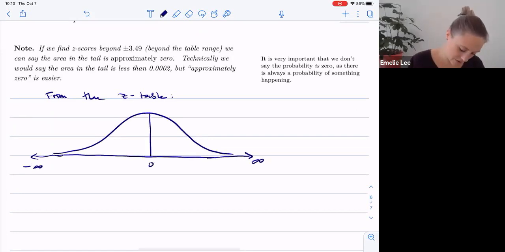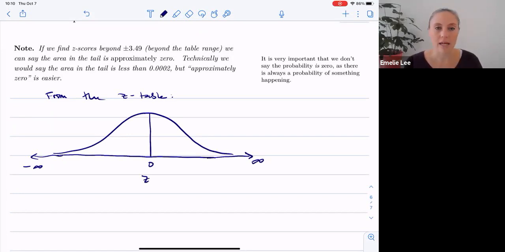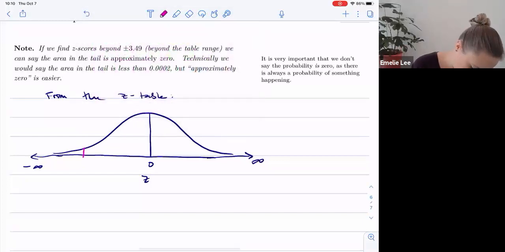Z is centered on 0, but they stopped reporting values. Well, you have to keep your table kind of condensed, right? So what they decided was, okay, we're going to stop reporting values after negative 3.49 and positive 3.49.